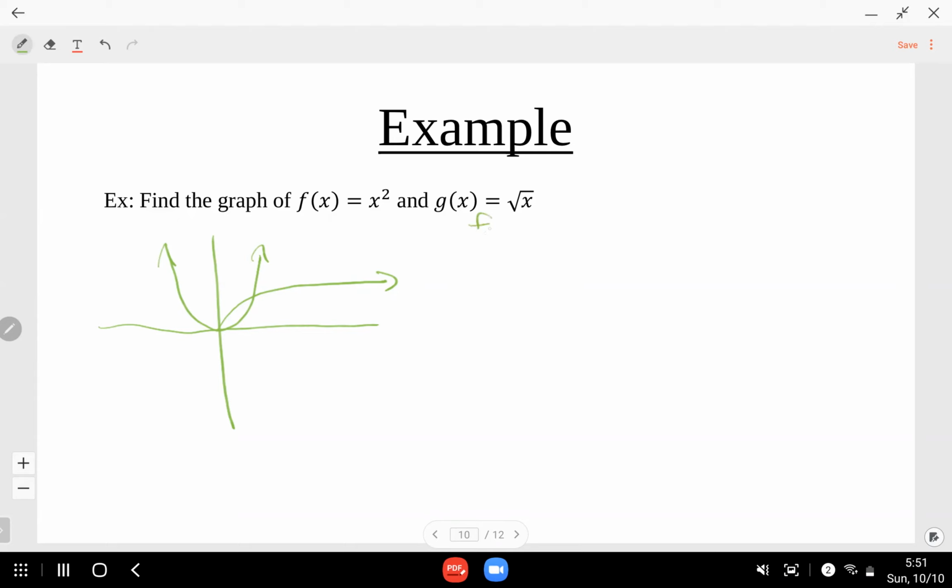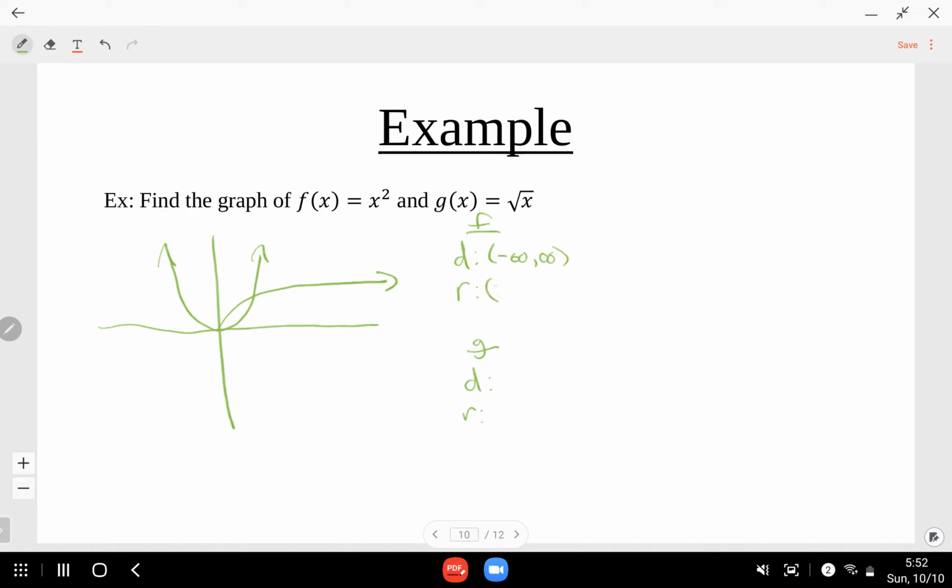This is for function f, right? For function f, what is the domain and the range? For function g, what is the domain and the range, right? Should be easy enough, right? So the domain of function f would be negative infinity to infinity, right?